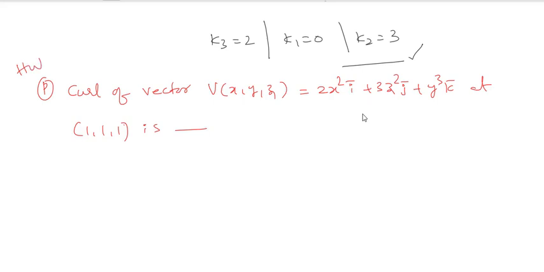You just take it as homework. So many models you've done. The answer for this, that is del cross v at 1, 1, 1, is equivalent to minus 3 I bar. Check it out, take it as homework.